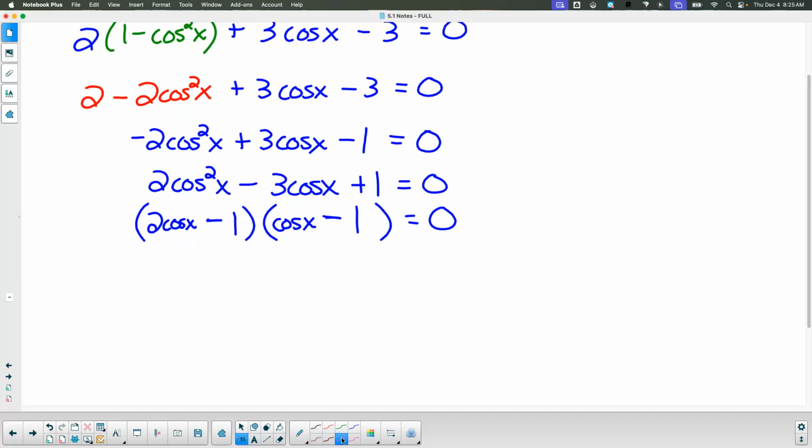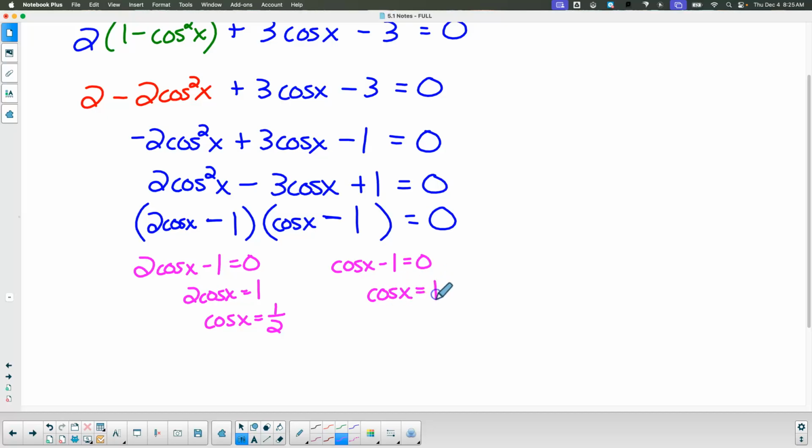So now we say to ourselves, 2 cosine of x minus 1 equals 0, so cosine is 1/2. And we say cosine of x minus 1 is 0, so cosine of x is 1.